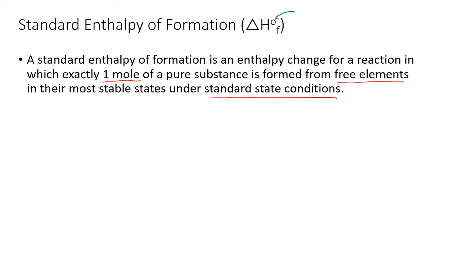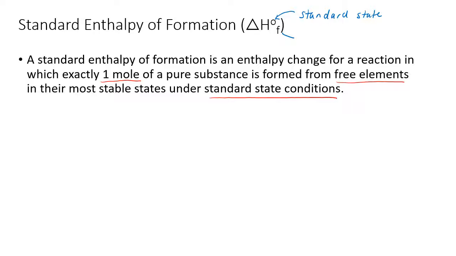This superscript naught symbol refers to standard state conditions. Standard state conditions are, for a gas, 1 atmosphere of pressure, and for a solution, 1 molar solutions. The temperature is often run at 25 degrees Celsius, which is 298 Kelvin.